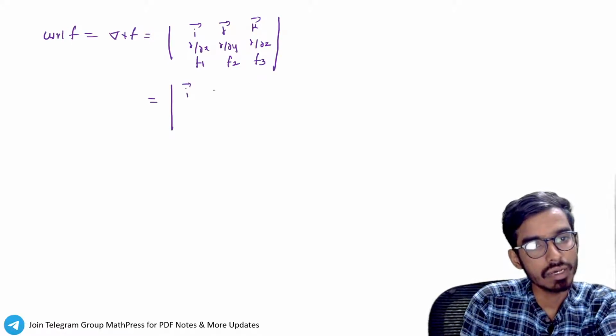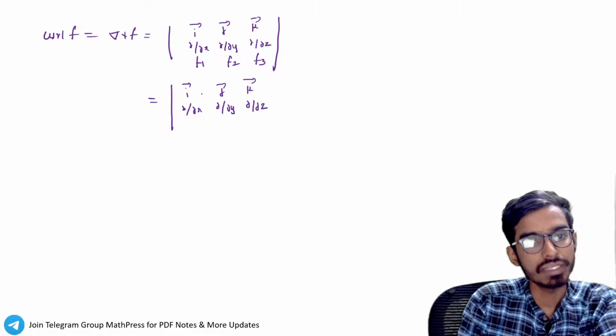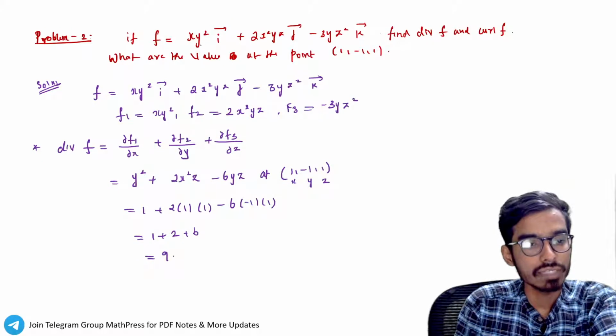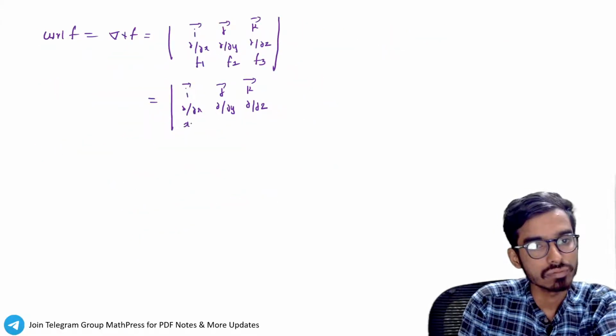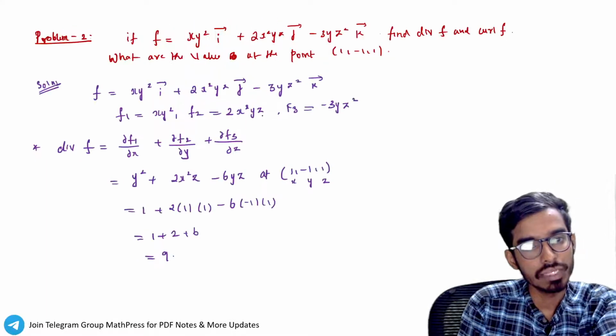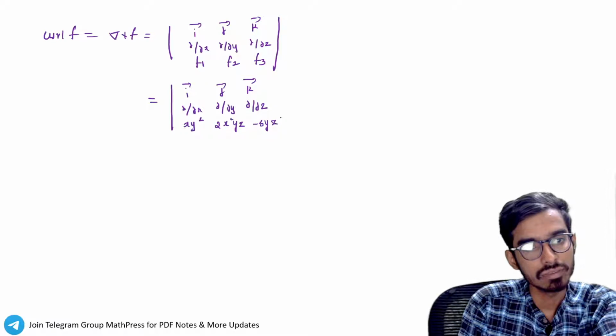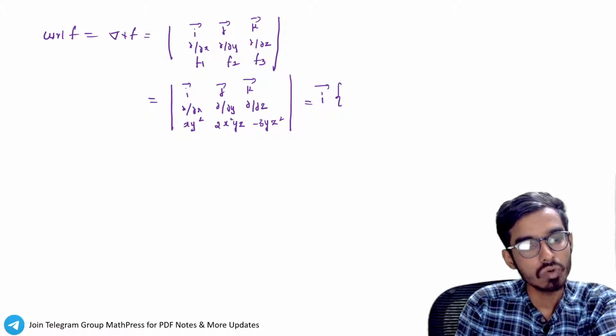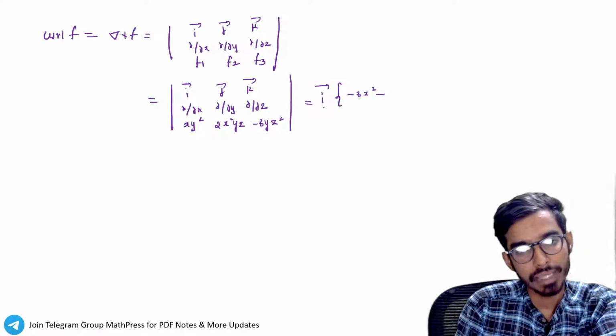This will be i, j, k, ∂/∂x, ∂/∂y, ∂/∂z, and f1, f2, f3 are xy square, 2x square yz, minus 3yz square. So differentiate this. We'll be having i vector into ∂/∂y of this, so this will be minus 3z square, minus ∂/∂z of this, which will be minus 2x square y.